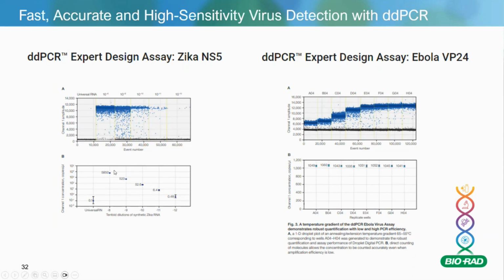And you can see how linear the detection is in a 1 in 10 serial dilution over the sample. So obviously you're expecting 580, you get 520, so really accurate when compared.